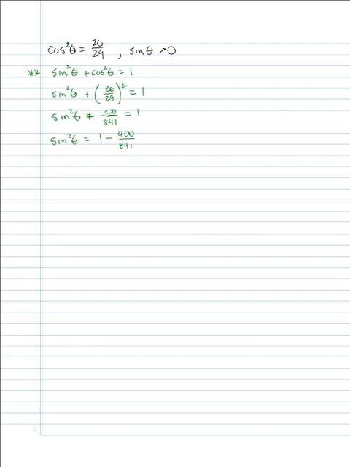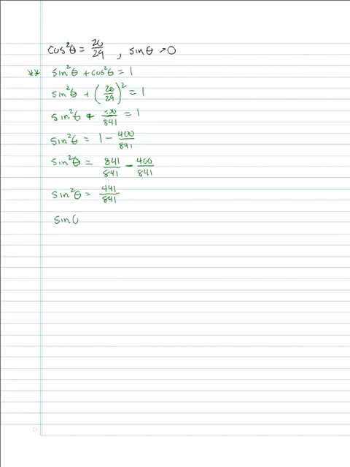Well, then we need a common denominator again, so we'll write 1 as 841 over 841, and we're subtracting the fraction 400 over 841. So we have sine squared of theta is equal to 441 divided by 841.